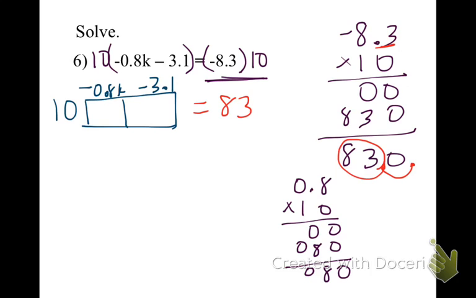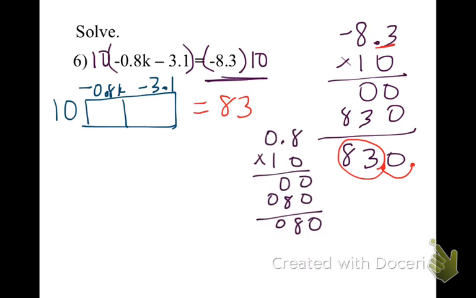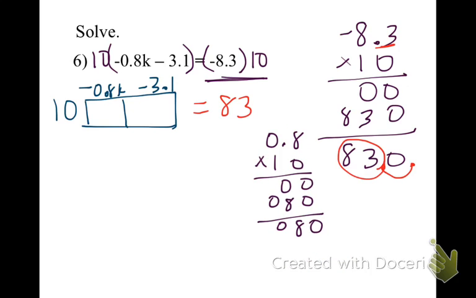Sorry, one second. Let me move that up for you. Then if you notice, I need to move the decimal how many times? Once. Take my decimal, move it once, and end up with just 8. But don't forget it's going to be a negative, and don't forget your k. So if you notice, when I multiply by 10, I end up moving that decimal once over. So what do you think the answer will be when I multiply negative 3.1 times 10? The answer is going to be negative 31.